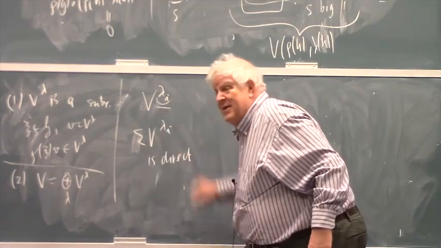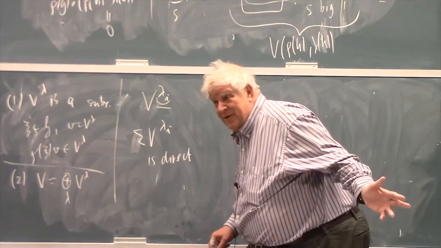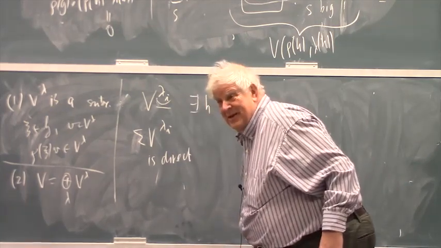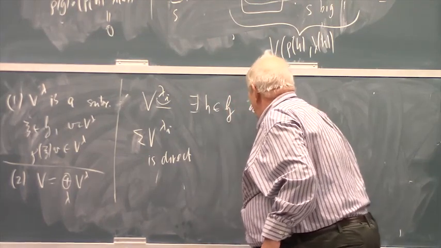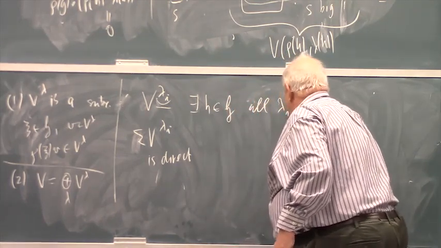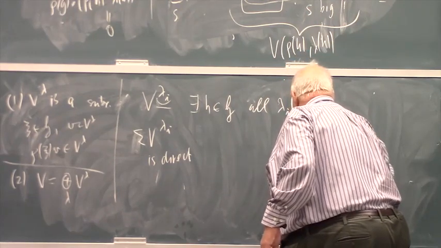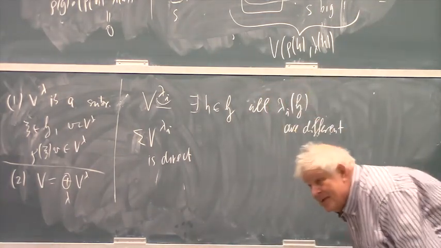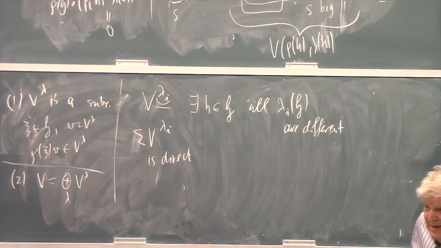You have roots, linear forms in some vector space, all are different. And there exists an H in H such that all lambda i of H are different. You understand? Two such forms are equal to each other only in a very small space.